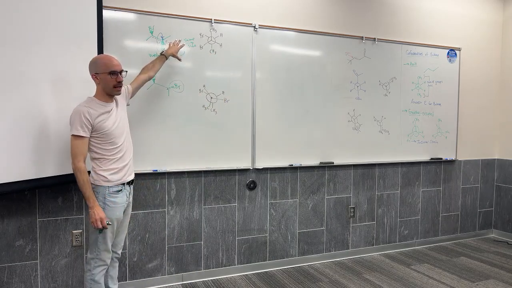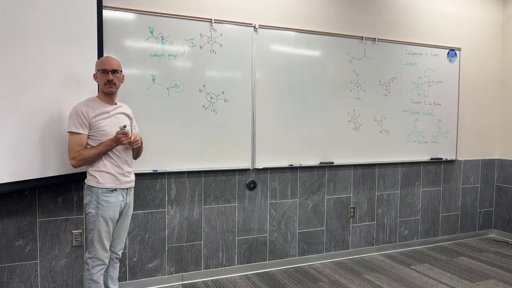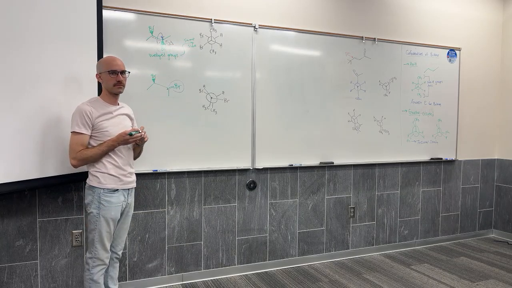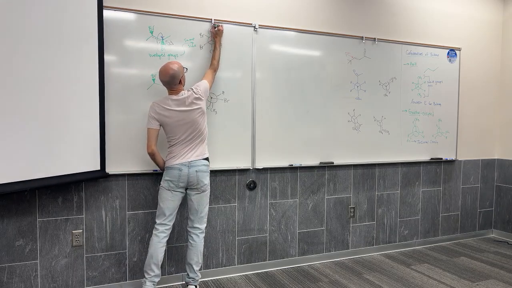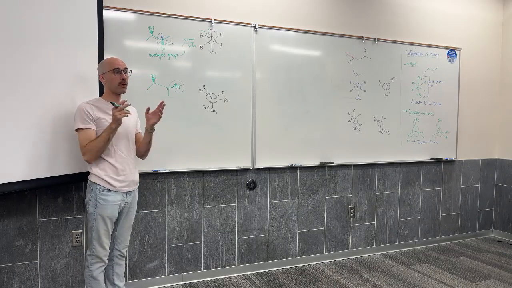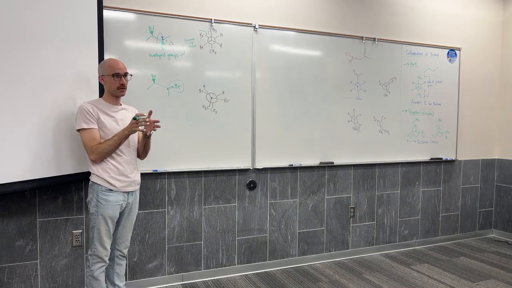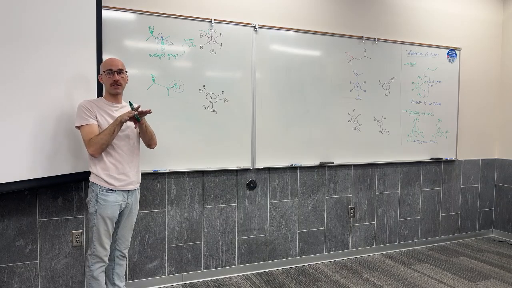What types of strain are present in this top structure? There's steric strain. There's this methyl group here that is sterically strained with this bromine group. Those are both non-H groups, so they take up space gauche to each other. They create steric strain.